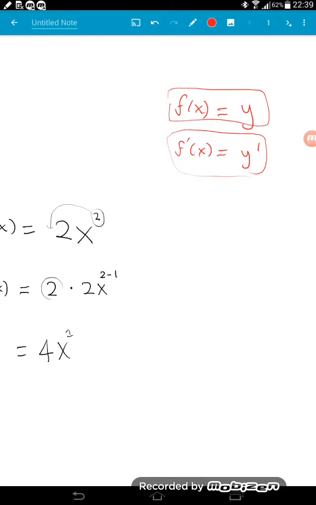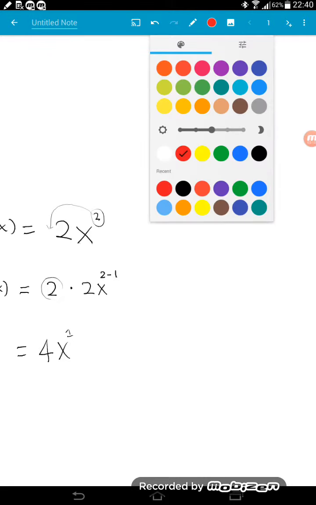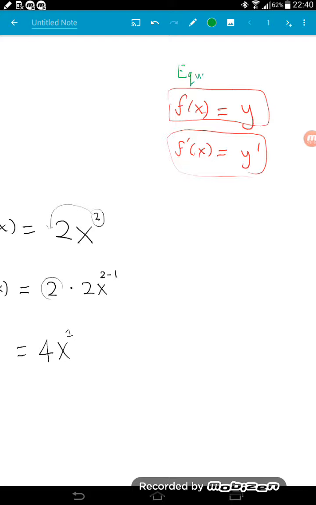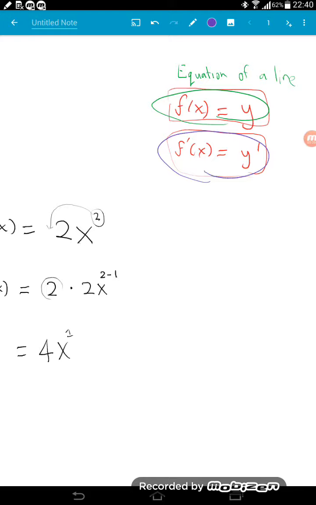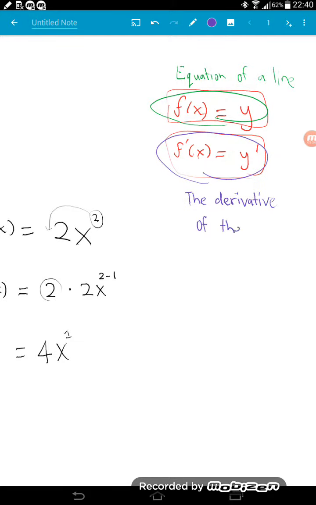It's just the same thing, but this is the derivative. This is the equation of a line. This one is the derivative of the function, or should I say the slope, or the gradient.